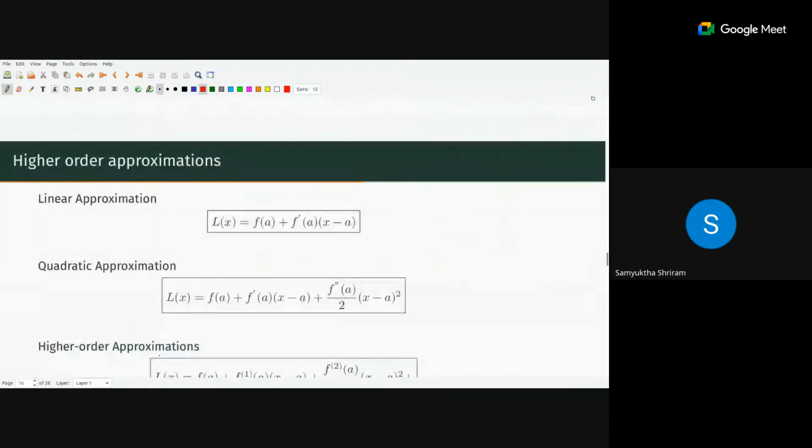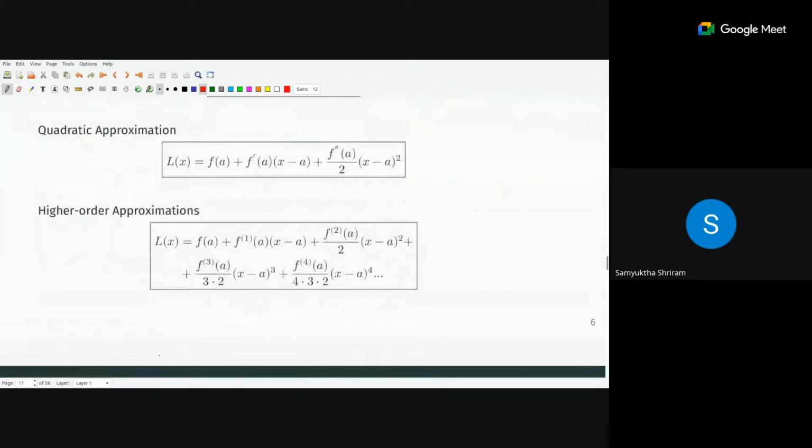In the case of linear approximation, we have the tangent, which is supposed to estimate the point very closely. In the case of higher order approximations like quadratic, what would we have? The tangent is a line, so it's linear. A quadratic is a parabola.